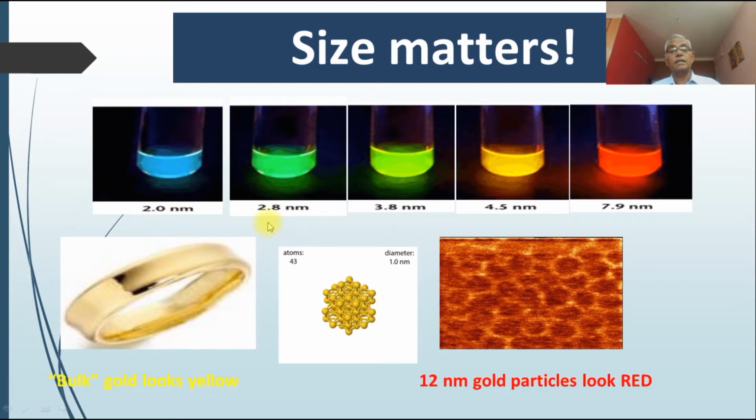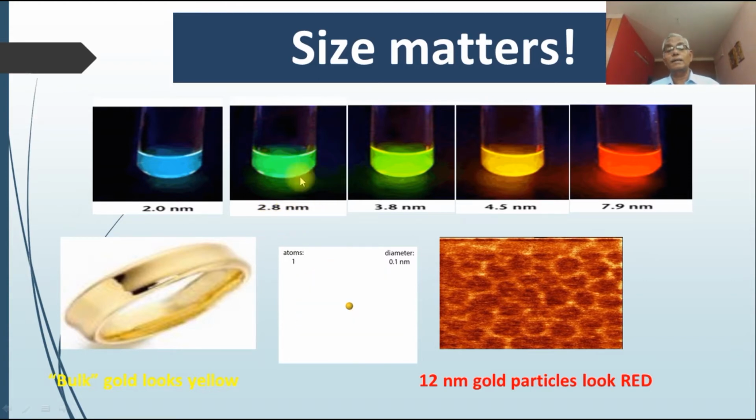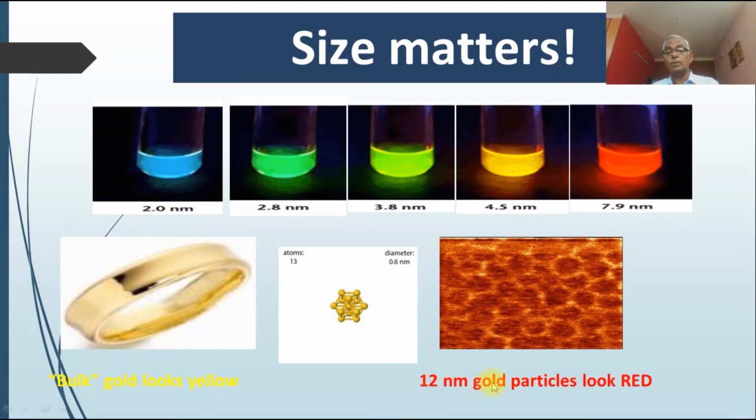And if we consider about 2.98 nanometer, then we say it is a green color, then purple, then yellow, and 7.9 nanometer is about the red color. So a 12 nanometer gold particle looks red in color.